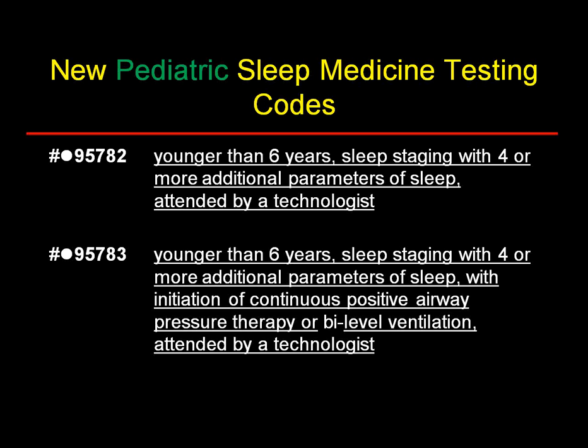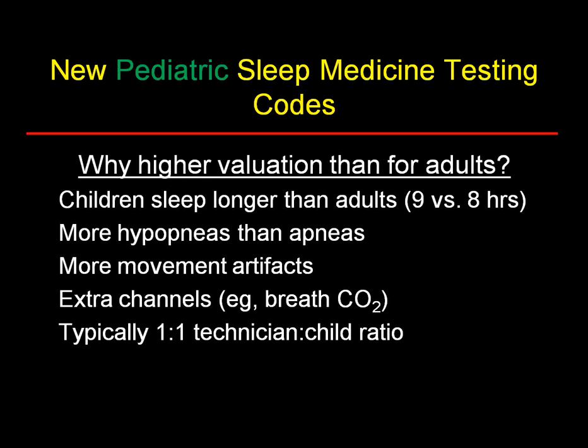This is directly akin to the adult 95810 sleep study. The parallel to the adult 95811 CPAP titration study is this new pediatric sleep code 95783, which includes not only sleep staging, but additional initiation or titration of positive airway pressure. Next slide.